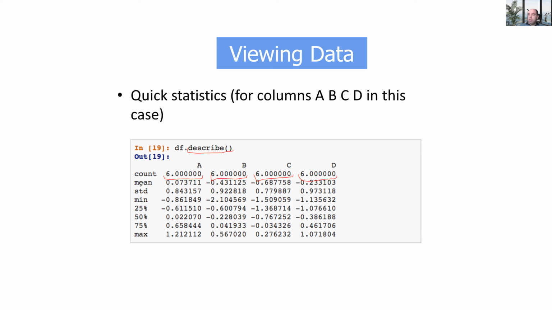I get the mean or the average, the standard deviation, the minimum number, the maximum number, and the 25th percentile or the first quartile, the median and the third quartile. So this is what describe does. It describes the data to me.